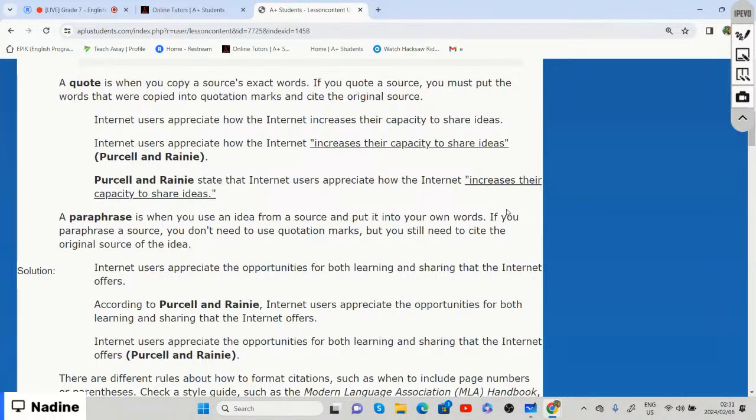A quote is when you copy a source's exact words.